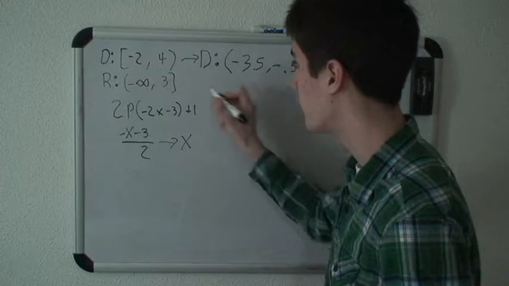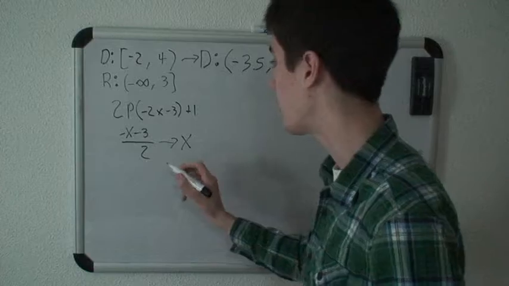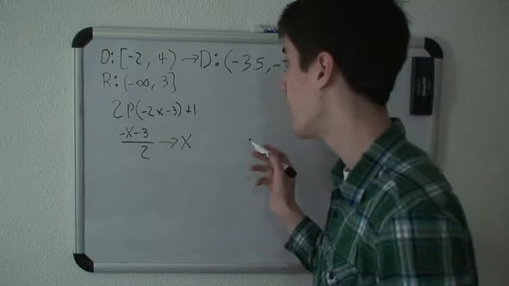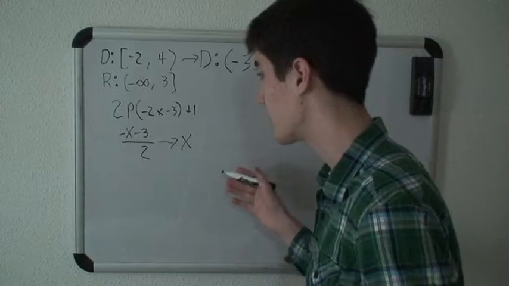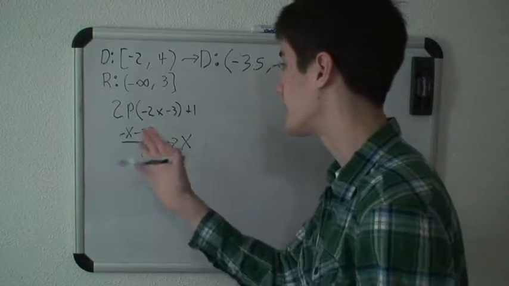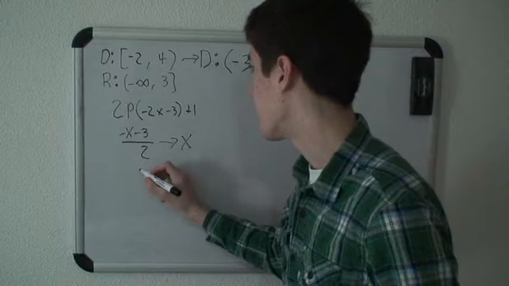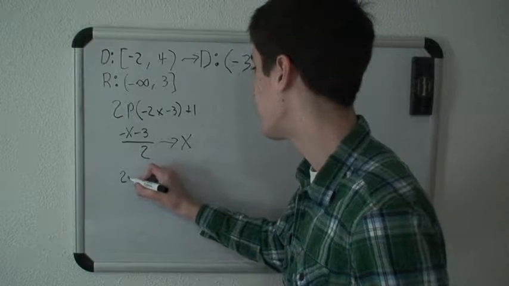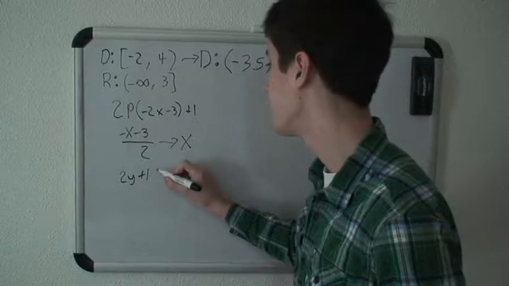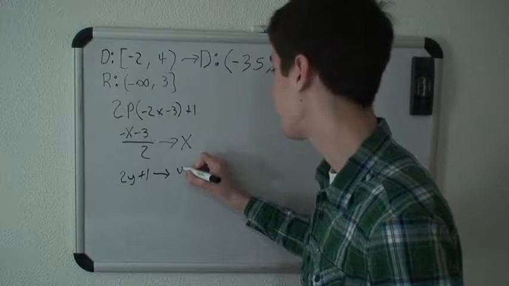Okay, now for our range, what will happen to all of our y values, first of all, is, just because it's outside, we just do that to all of our y values. So it's basically 2y plus 1 becomes y.